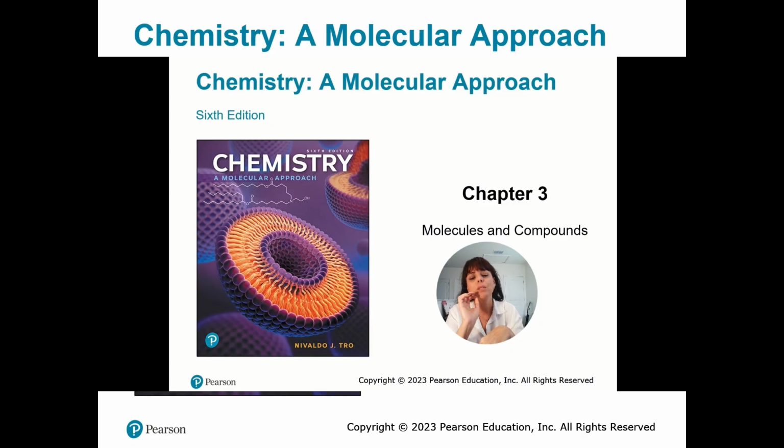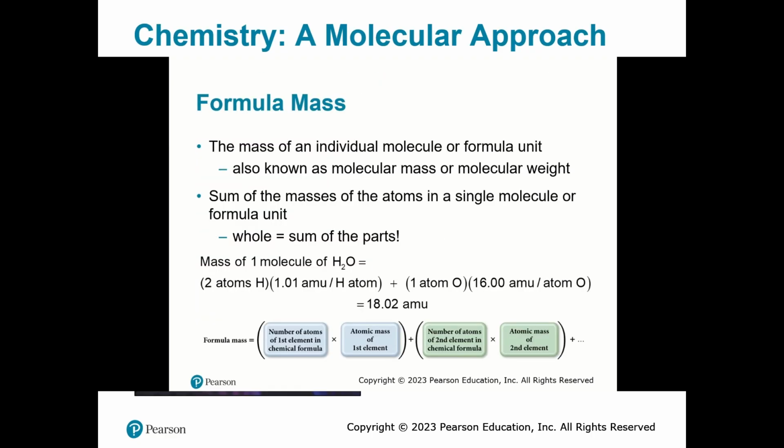That is the simplest ratio of atoms in a compound, and how that relates to the molecular formula, which shows the actual number of atoms contained in each molecule. So together, these concepts form the foundation of quantitative chemistry and allow us to translate chemical formulas into real, meaningful information. So let's start over here.